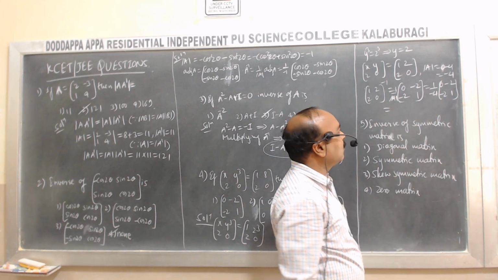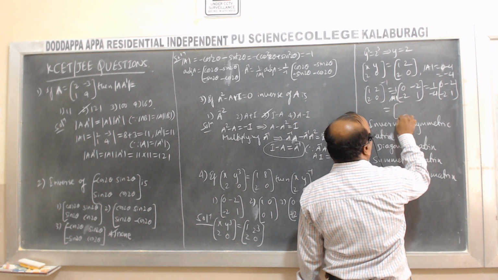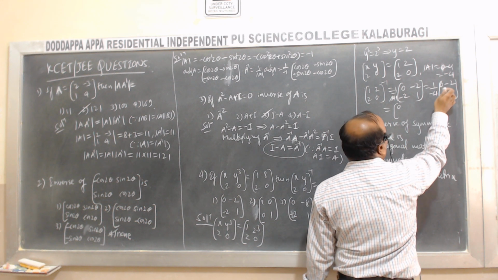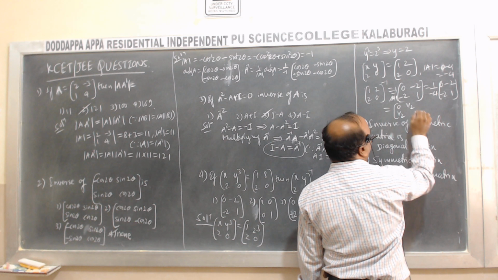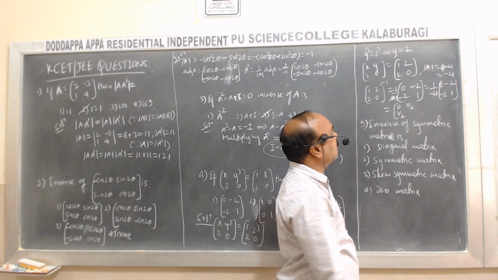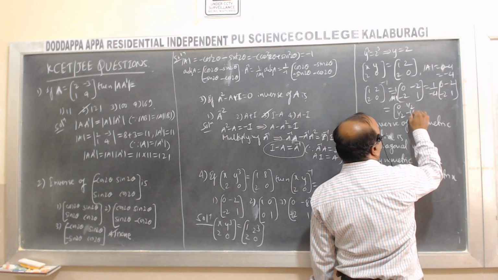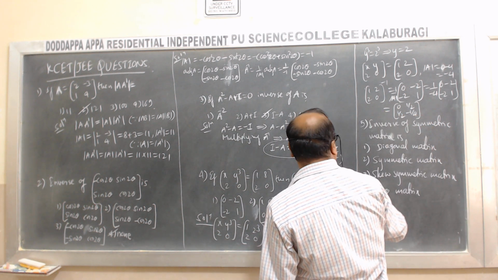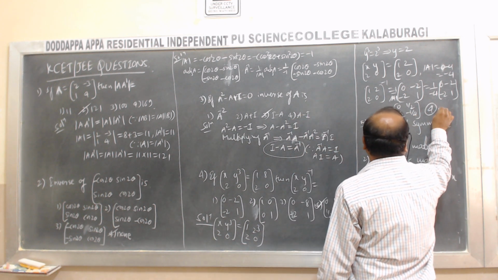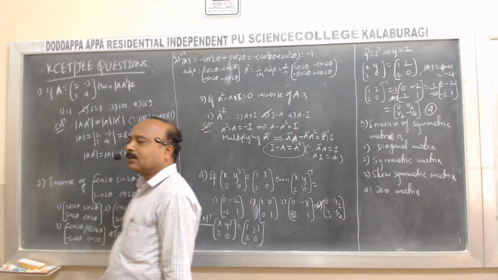Now multiplying every element by minus 1 by 4, it is 0, minus 2 into minus 1 by 4 is 1 by 2, again 1 by 2, and 1 into minus 1 by 4 is minus 1 by 4. Now it is the fourth option, so it is the answer for that question.